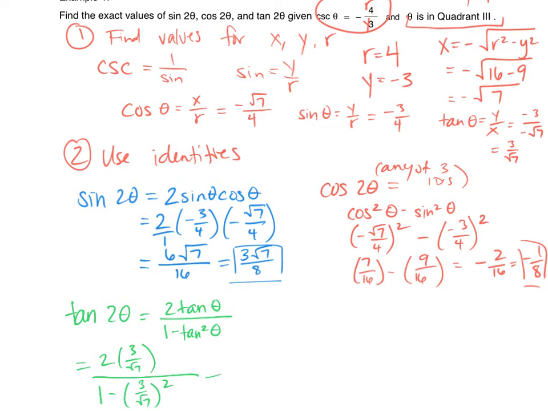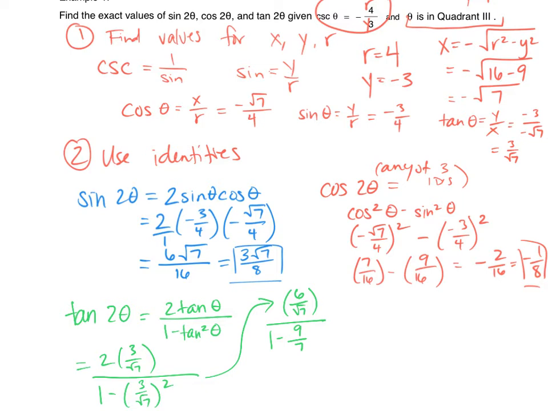That's ugly, so let's look at this. The top simplifies to be 6 over root 7. The denominator is 1 minus 9 over 7, because 3 squared is 9, and the square root of 7 times itself is 7.